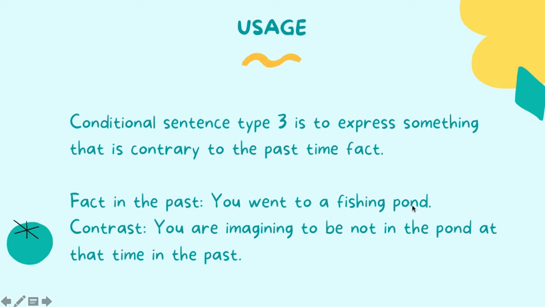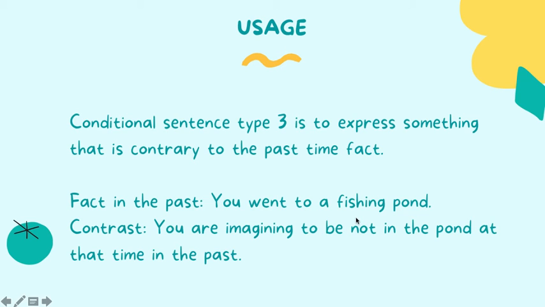This happened in the past, let's say a year ago, a month ago, right? So that's why it is expressed using past verb, went. The first form is go, and then because it is in the past, it uses went. Now you are trying to make a contrast. You are imagining to be not in the pond at that time in the past, right? Okay, so this is the function of conditional sentence type 3.